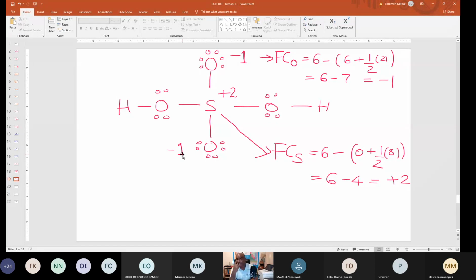Expanded octet. Because sulfur in the periodic table is just below oxygen, its valence electrons are on the 3rd shell. On the 3rd shell, in addition to s and p orbitals, we also have d orbitals, except that in the case of sulfur, these d orbitals are empty. So these d orbitals can be filled.